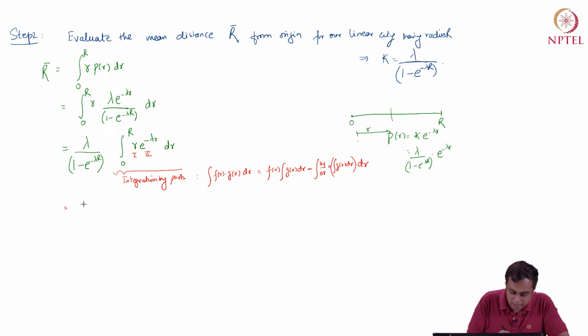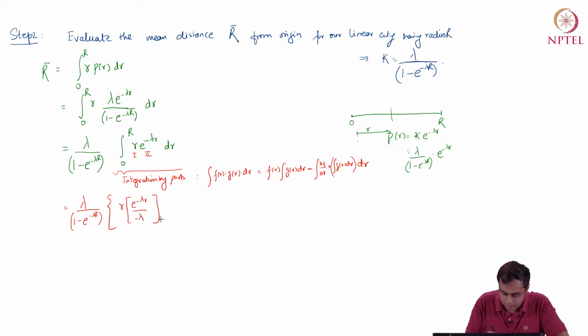So I have lambda over 1 minus exponential minus lambda capital R sitting outside. I have r sitting as is, times e to the power minus lambda r, integrated with respect to r.